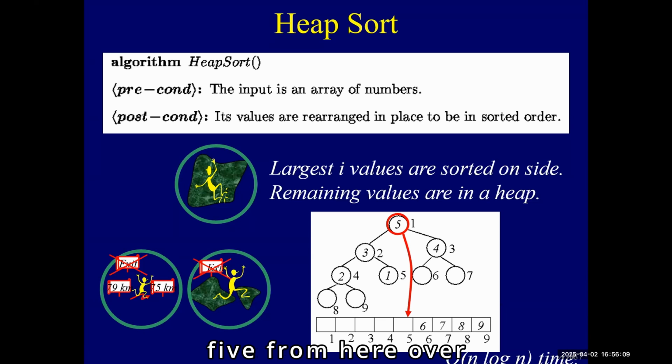We moved the 5 from here over to here, and we moved this guy over here, right? So here is where the 5 is. We take this number out, we swap them, right? And now whoever was here is at the top, and he bubbles down, right? Does that kind of make sense?